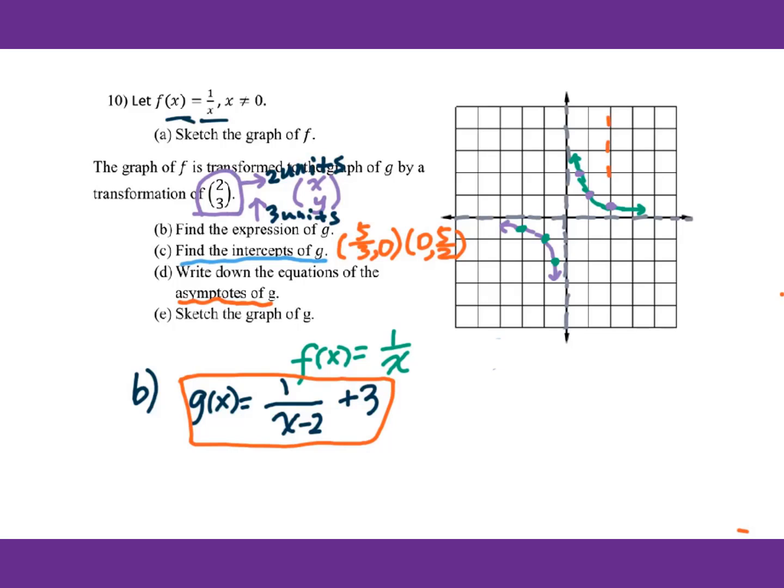So this is the new asymptote line. For the horizontal asymptote line, we still do the transformation, move to the right 2 and then go up 3 units. Therefore, the asymptote lines are x equals 2 and y equals 3.